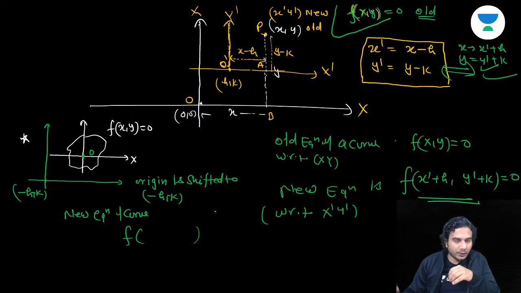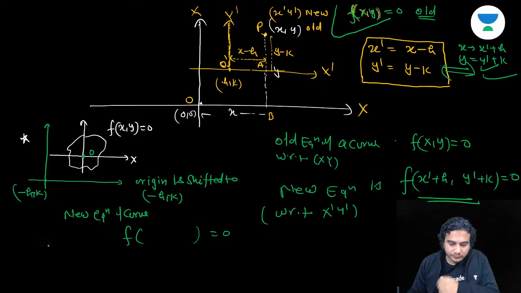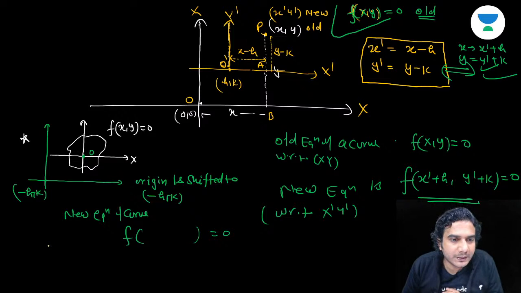We are shifting the origin only, but to minus h comma minus k now. Origin is shifted to minus h comma minus k.